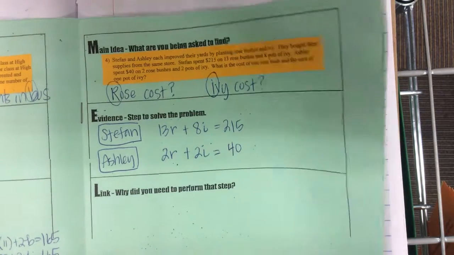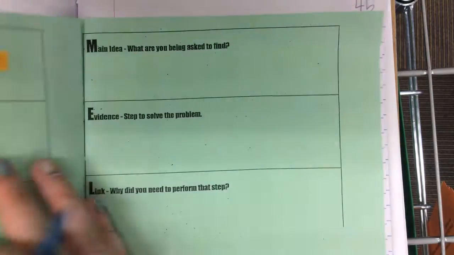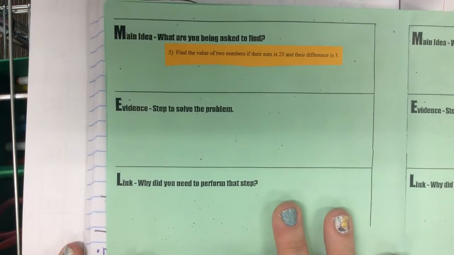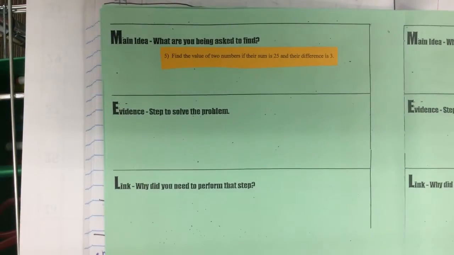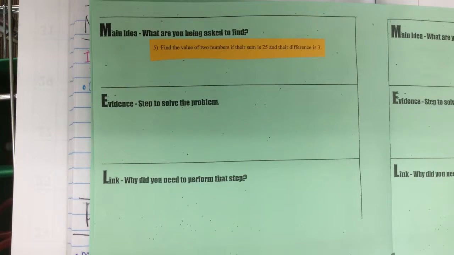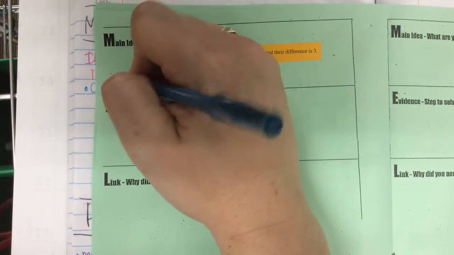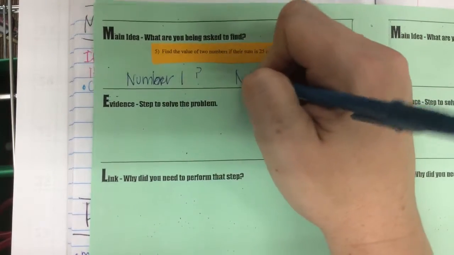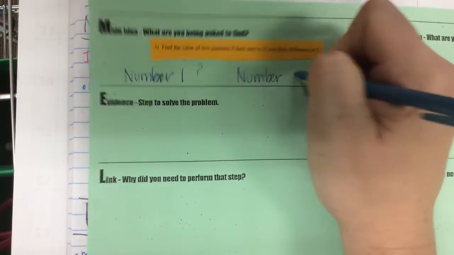Let's go to number 5. Find the value of 2 numbers if their sum is 25 and their difference is 3. So what is it asking us to do? Find two numbers, right? So we have number 1 and we have number 2.